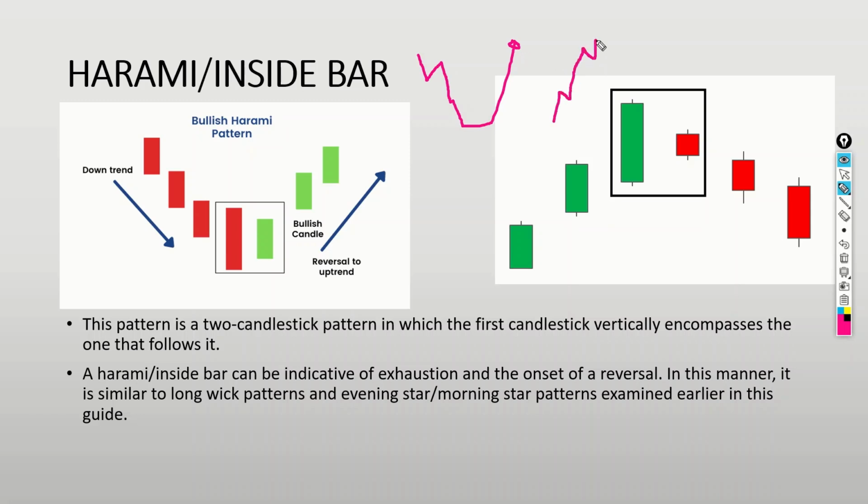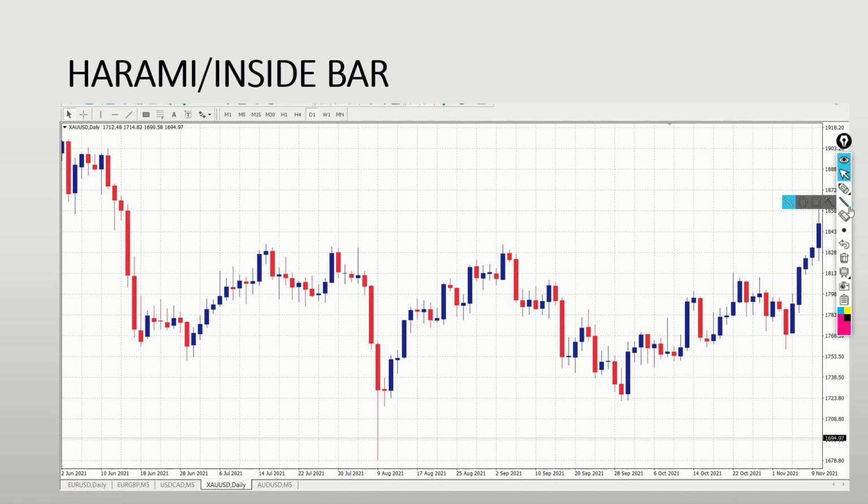The price is going upwards, form a bearish Harami, then the price goes downward. So when we look at the chart right here, can we spot some inside bars or Harami? We are saying that the previous candle should be engulfing the candle that follows it. So we are going to look for one in the downtrend as a bullish Harami, then one in an uptrend is called a bearish Harami.